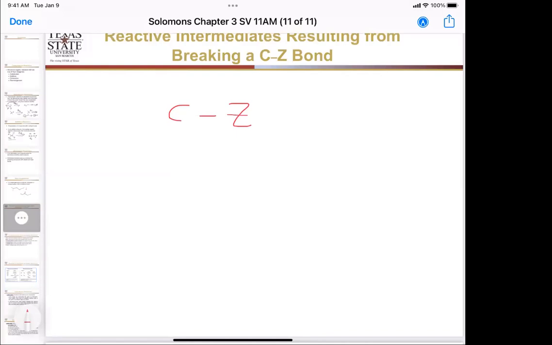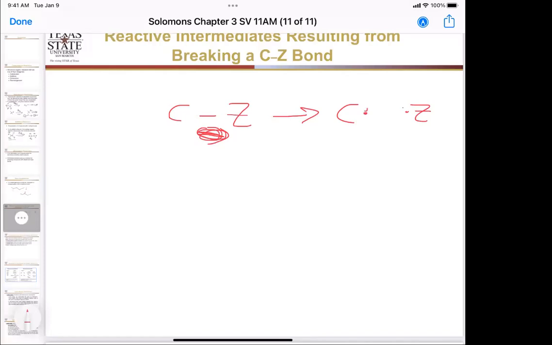So if this bond is not very polar, it can break apart such that each component takes away one of those electrons in that bond. Your sigma bond has 2 electrons, it's breaking apart to give you 1 electron on each side.